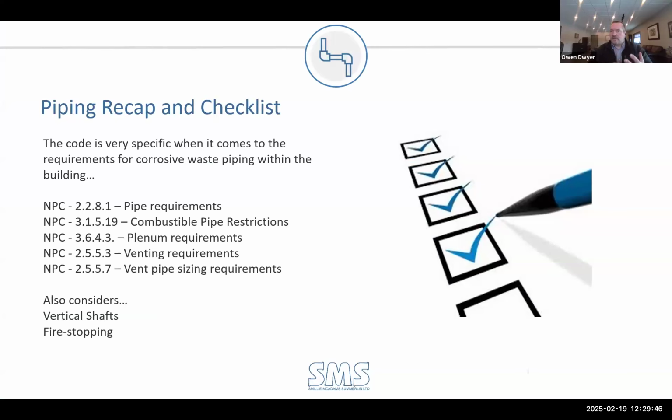Those are your, again, vent sizing, pipe material, plenums, etc. But in a plumbing system, it also takes into consideration vertical shafts, fire stopping, slope, etc. So the pipe has a lot of attention. So the authority having jurisdiction, going to the site, whether it's the building or the plumbing official, they're looking at this with some knowledge of typical piping systems.